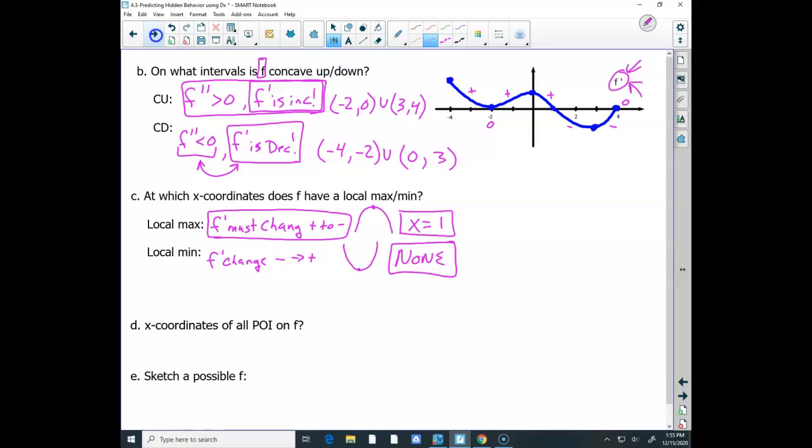But remember, the thing most people forget about is they forget to check endpoints, okay? They forget endpoints for maxes and mins. Well, let's look at this. Something is happening at this endpoint, okay? Now notice, at x equals -4, the derivative is positive. And if the derivative is positive, the function's increasing.